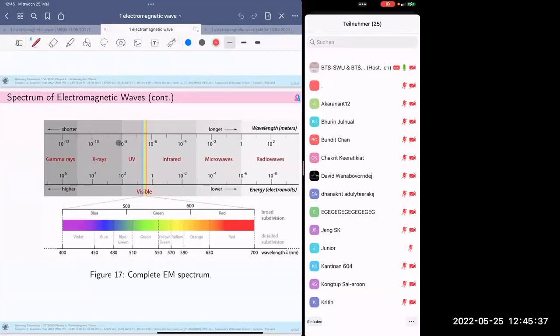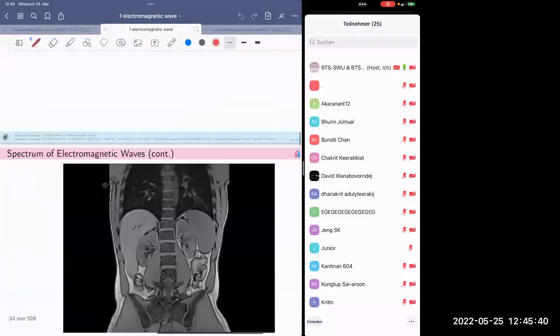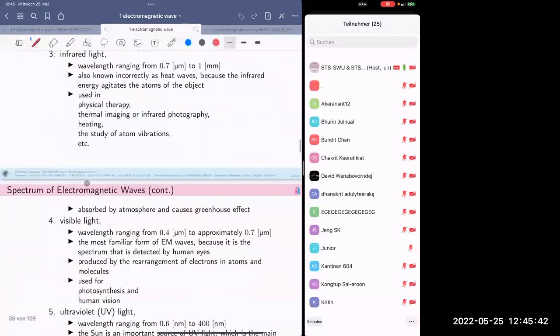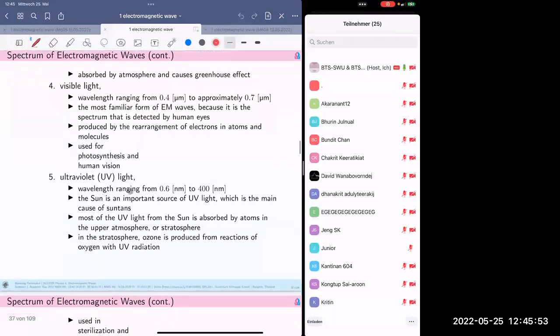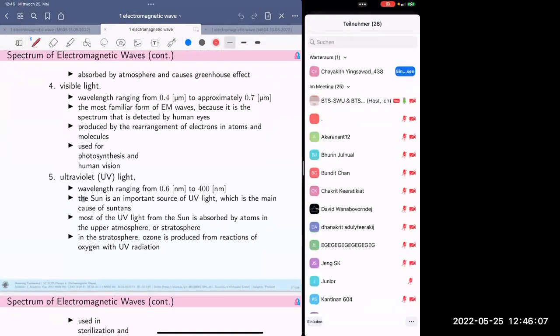Shorter wavelength means higher frequency. That's why we say it's the frequency band above the visible light, and the wavelength is given from 0.6 nanometer until 400 nanometer. And what is the source of this ultraviolet light?